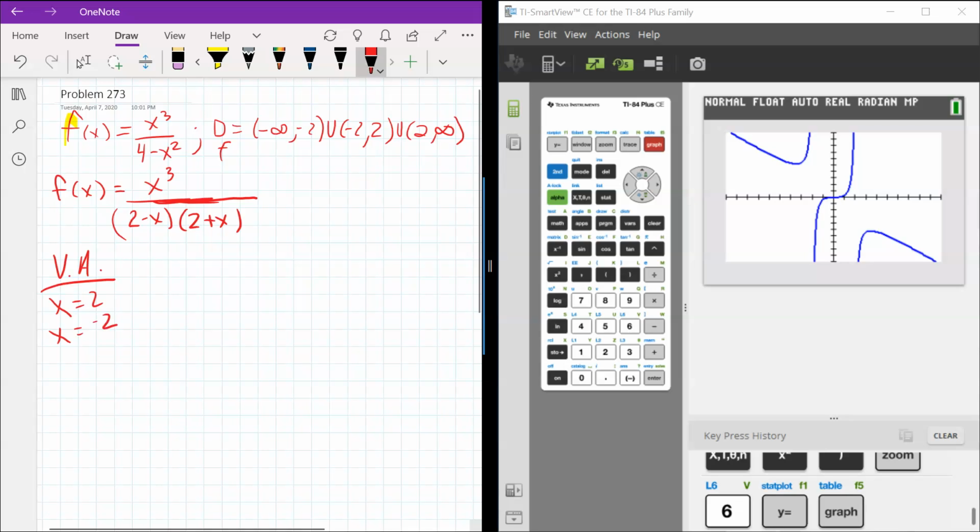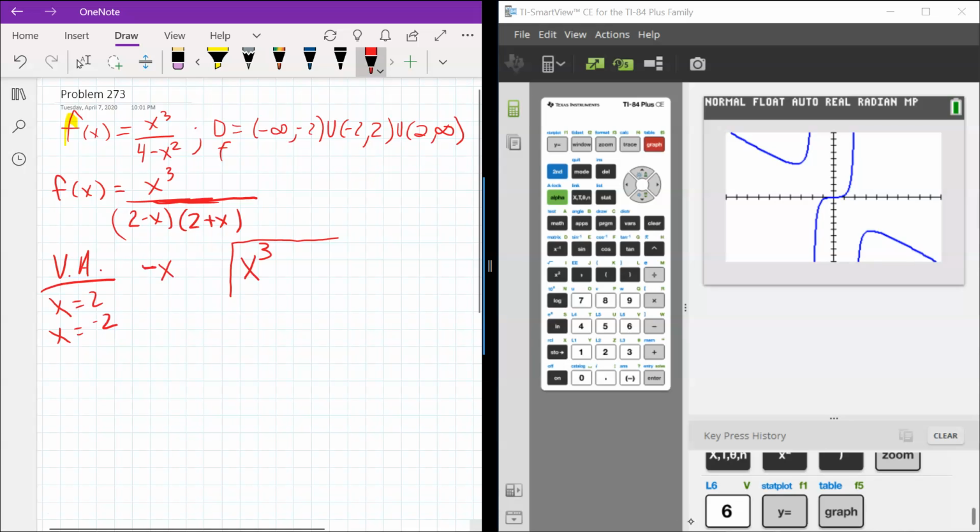Now for the oblique asymptote, we know we're going to have one because of the degree argument. And so I'm going to go ahead and do long division here. I could do synthetic, but I'll just keep it simple.